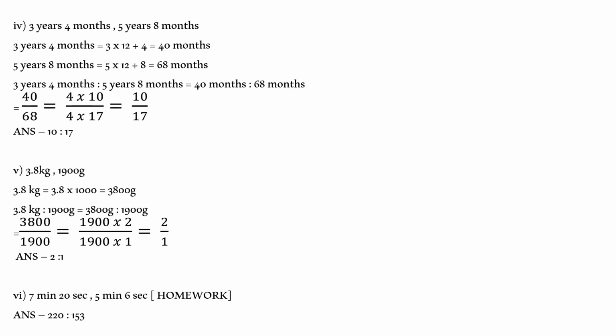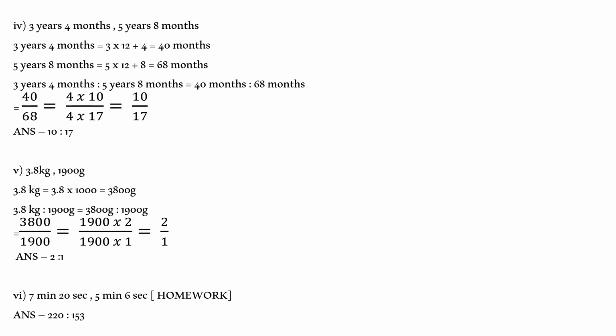We have question number 4, which says 3 years, 4 months and 5 years, 8 months. So we will convert everything into months. 1 year is equal to 12 months.